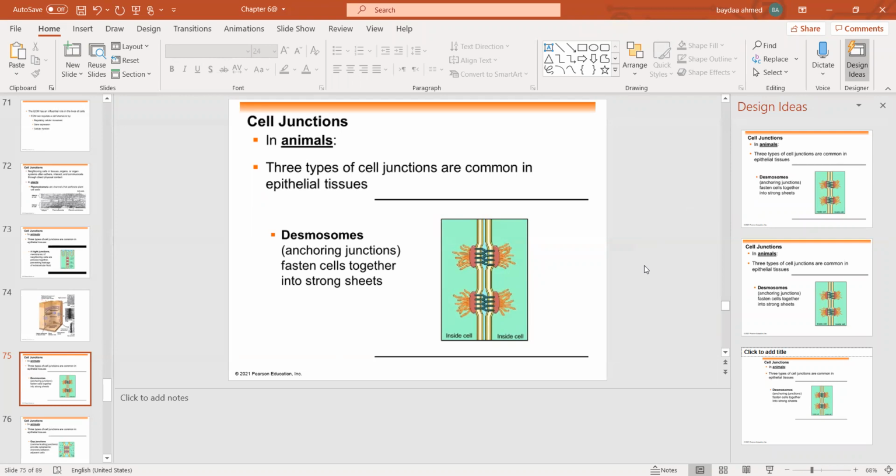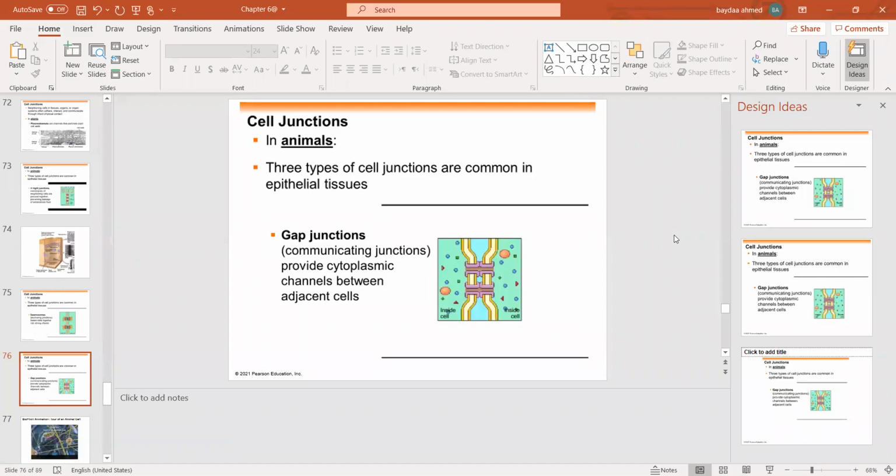Intermediate filaments made of sturdy keratin proteins anchor desmosomes and attach muscle cells to each other. Some muscle tears involve the rupture of desmosomes.